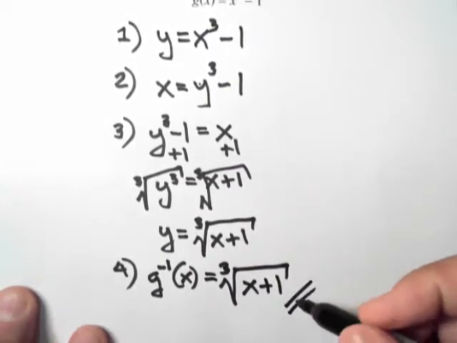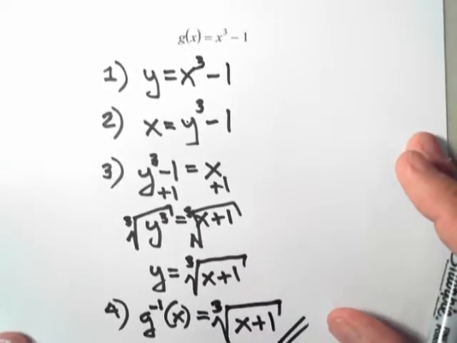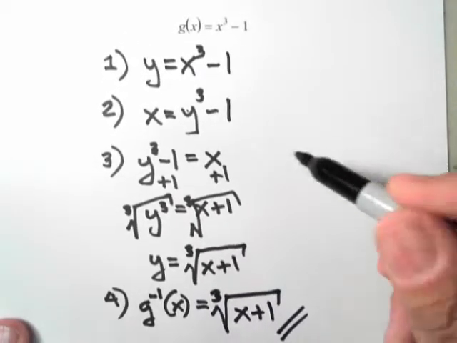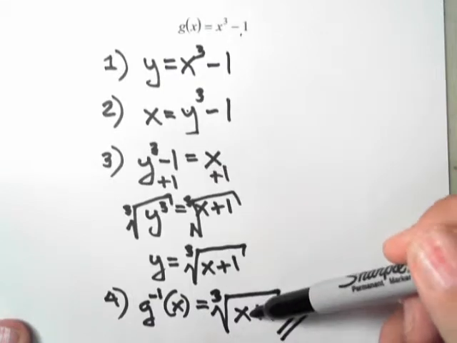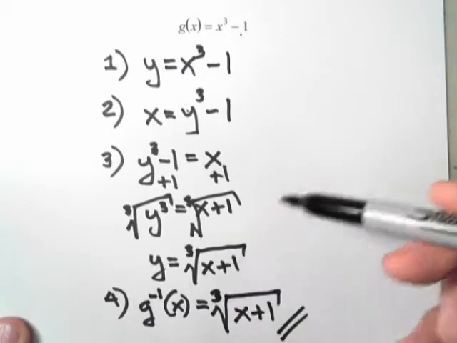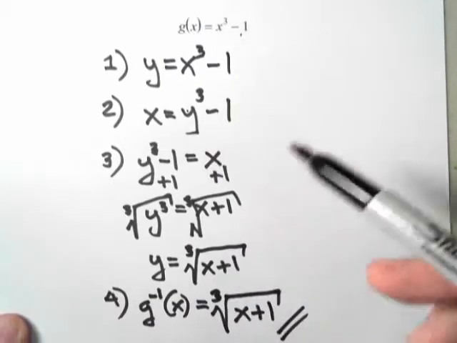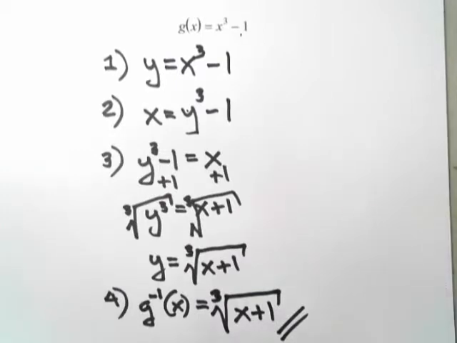Okay, there's our inverse, and again, if you were to compose both ways, the original and this one, you'd get both of them to equal the variable x, which would prove that they are inverses of each other.